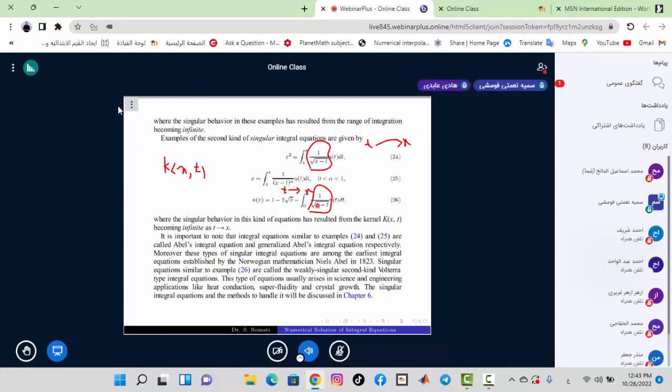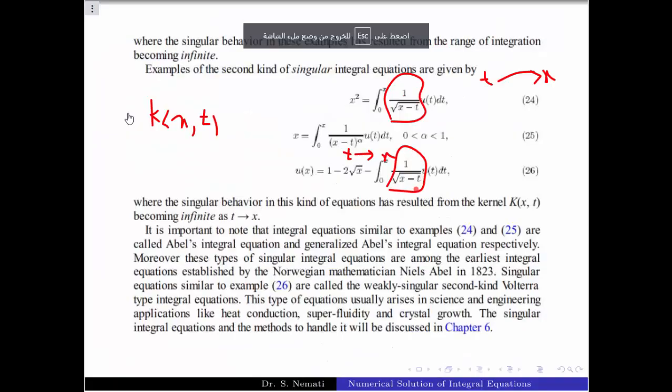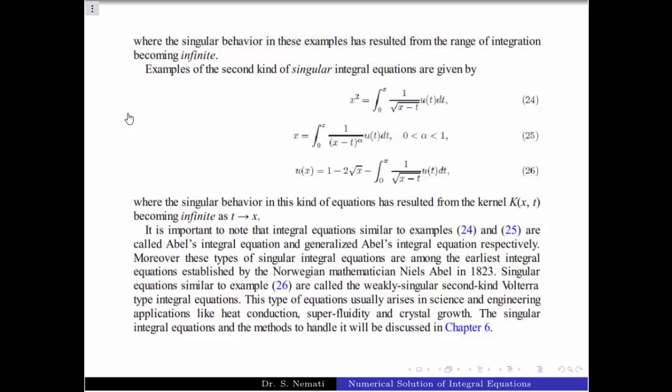Okay, so, no question. This is again a singular integral equation. For the case of equation number 24 and 25, they are actually called special integral equations.